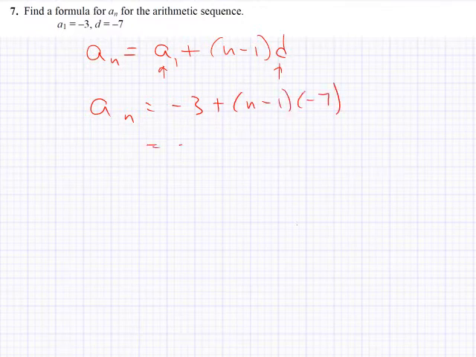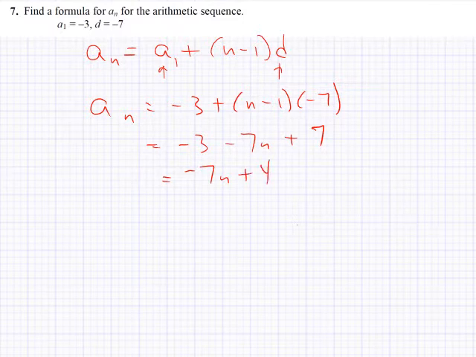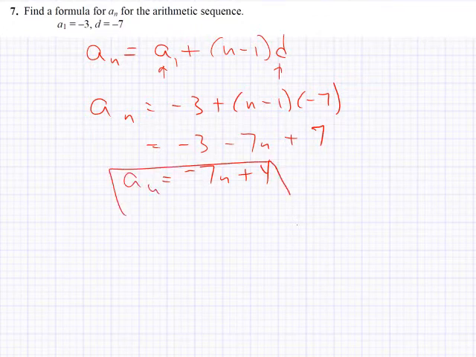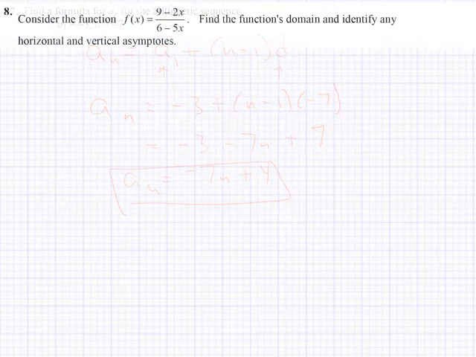Do a little computation here: negative 3, minus 7n plus 7, and so we get negative 7n plus 4. So that would be your formula to generate your a sub nth term for the arithmetic sequence.